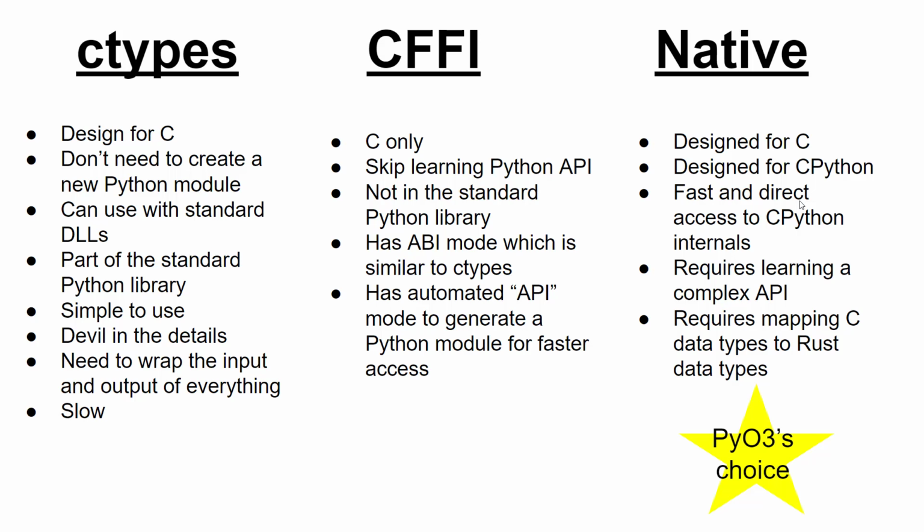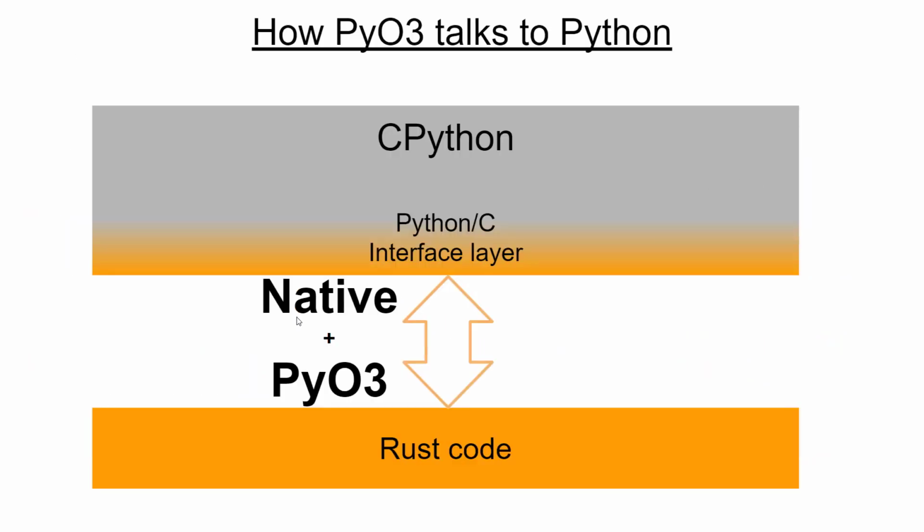But what's great is that PyO3 takes care of that for you, so that's the real value add to gain the speed of this native interface, but then to help hide the complexity. And the way it does it is by acting as a buffer layer to that interface to be able to then have your Rust code.